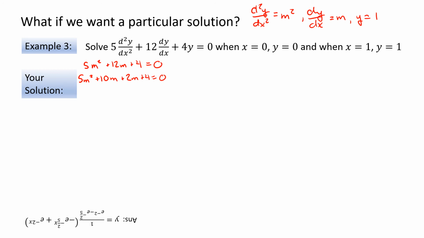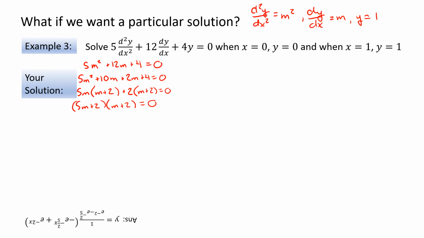Now, factoring the first two and the last two terms separately, we can take a 5m out of the first term, and we're left with m plus 2. And again, we can take a 2 out of the second term, just like our last example, and we're left with m plus 2. So what this means is this factors to 5m plus 2 times m plus 2, which is equal to 0.